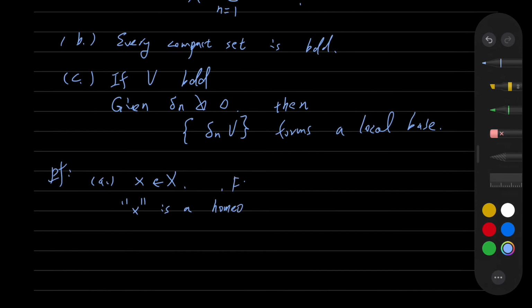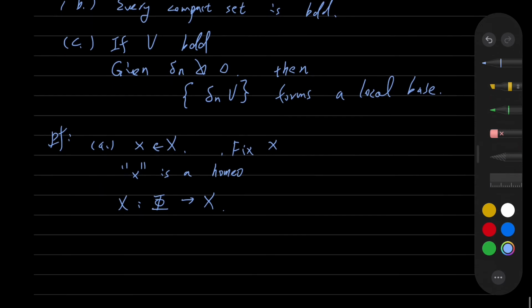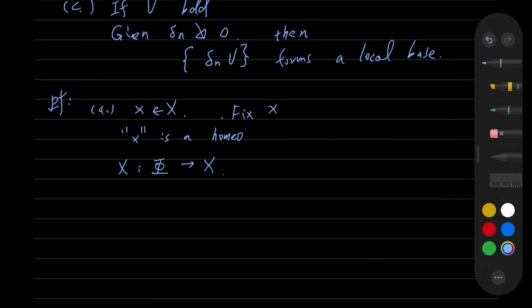So we fix this x, and call this map, just write like this, from the scalar field into the topological vector space.